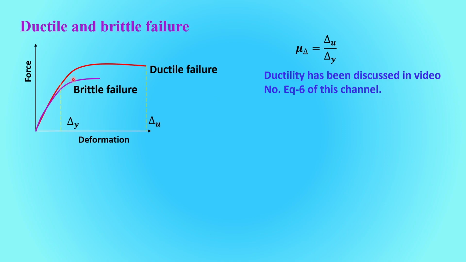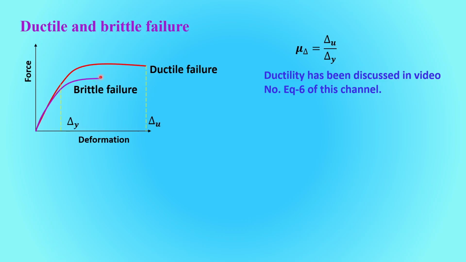The red color indicates a ductile system, and in contrast the violet color indicates a brittle failure system. What happens to the brittle failure system? It fails not only at a lower force, it also fails at a small displacement here. So it is unable to suffer large displacement and it breaks before that.